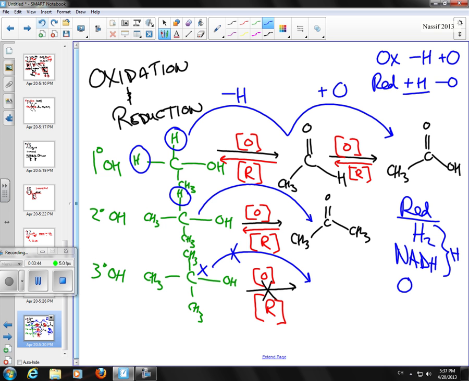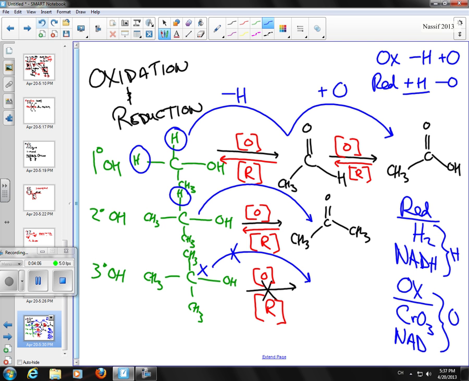Your oxidizing reagents, such as chromate and NAD, have oxygens, or at least no hydrogens. There are three types of reagents that you'll use: reduction reagents, oxidizing reagents, and dehydration.